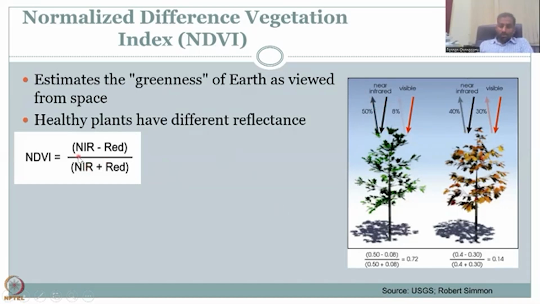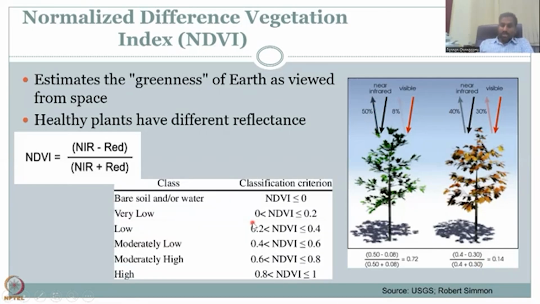So this is the equation: near infrared minus red by near infrared plus red. So 0.5 minus 0.08 by 0.5 plus 0.08 is 0.72. Here it's the same thing, 0.4 minus 0.3 by 0.4 plus 0.3, that is 0.14. So now we have ranges, and these ranges are given by a lot of researchers based on the NDVI function.